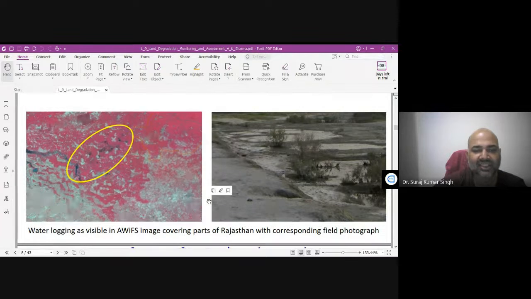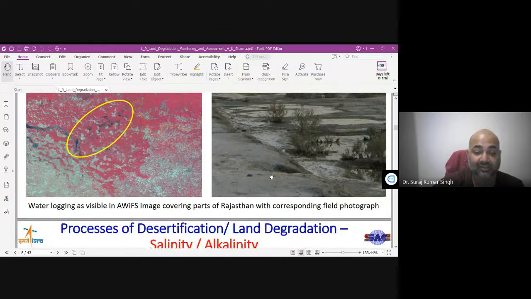You can see how salt-affected waterlogged areas appear in a satellite image, and the same in field photographs in Rajasthan.